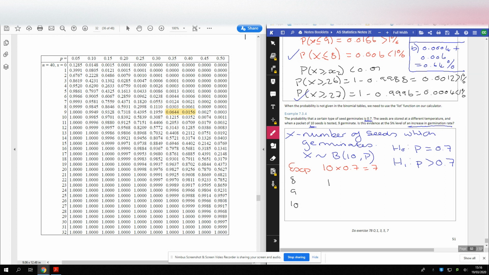So when we're doing the probability that X is greater than or equal to 9, that's using 8 on your calculator, because that's less than or equal to 8 on your calculator. So I get 1 minus 0.8506, which is equal to 0.1494, which is greater than 5%.